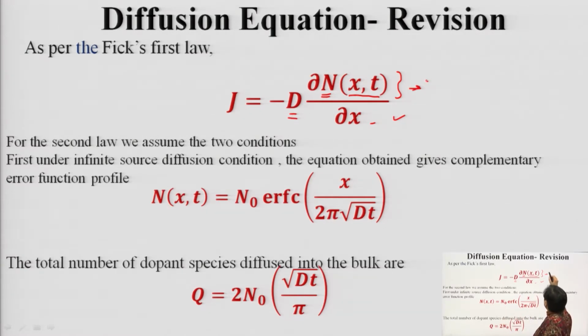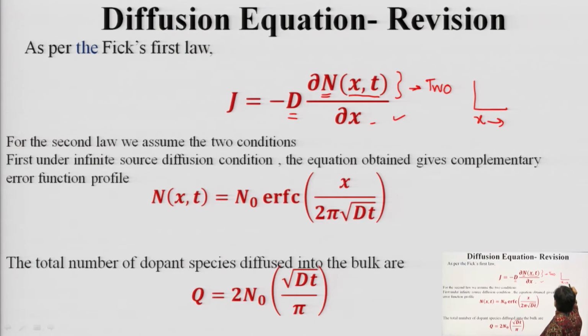We are considering a two dimensional equation, in which we consider the penetration or movement of the dopant species within the bulk in terms of two variables.